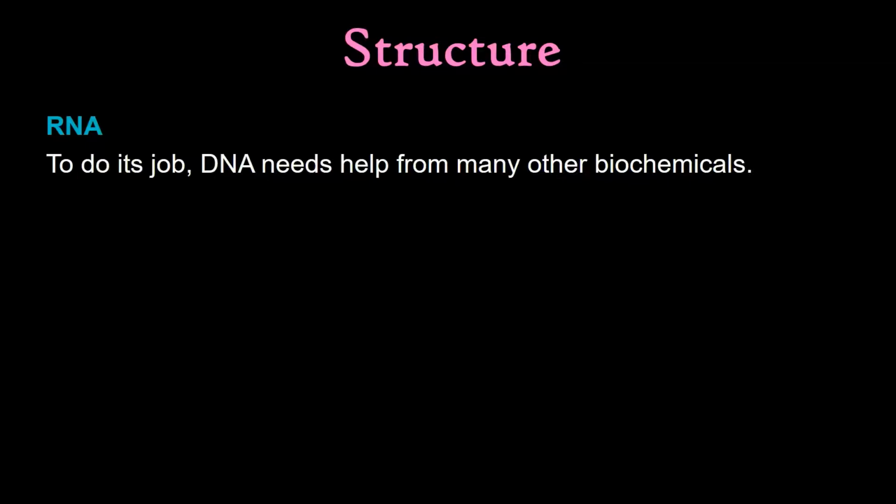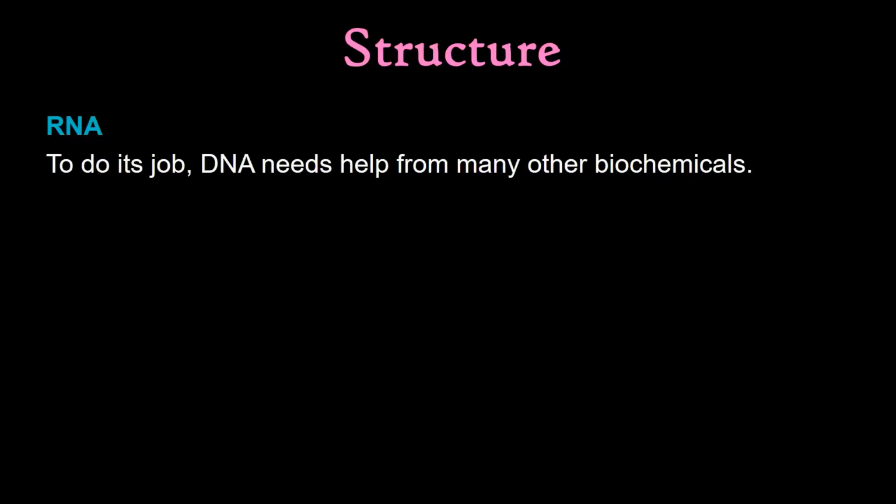It is a code that is translated or converted into a useful molecule, or a set of useful molecules called proteins. But remember how when we used the analogy of a recipe book, the recipe book doesn't do anything. It just gives instructions to the machinery. And in the case of a recipe book, I'm the machinery.